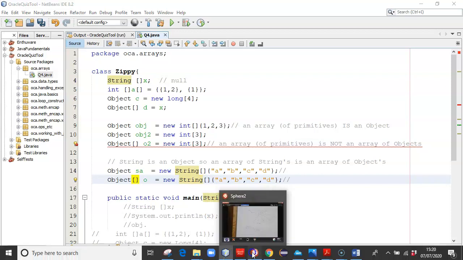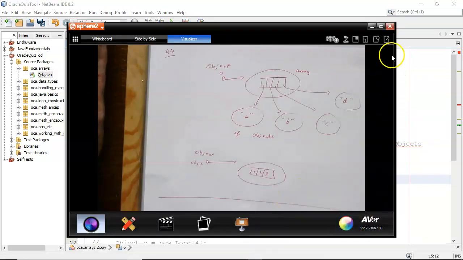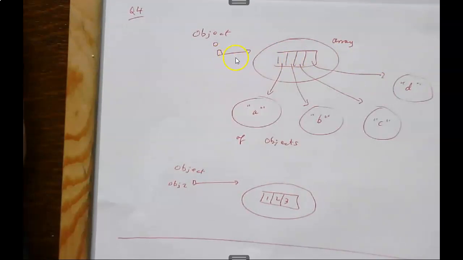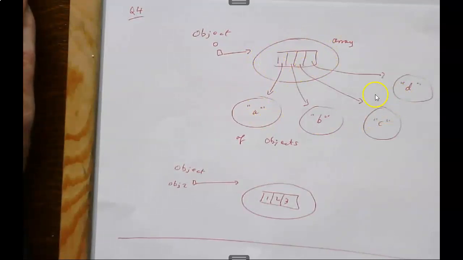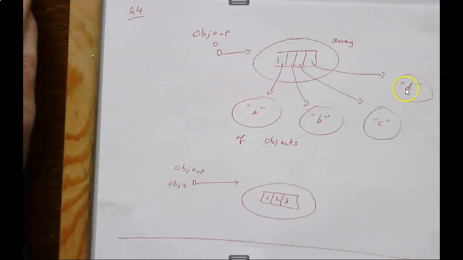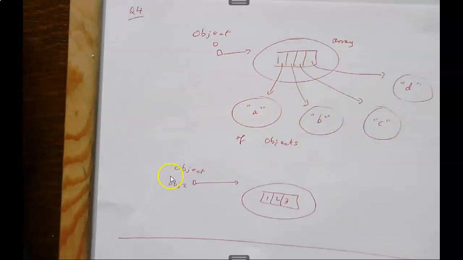So let's have a look at what that looks like in memory. So here I have my object O, and this is my array of string objects A, B, C, and D. And that's why you can assign this string array into an object array, because it's essentially an array of objects. Whereas here, this is the one that's pointing to the primitive.